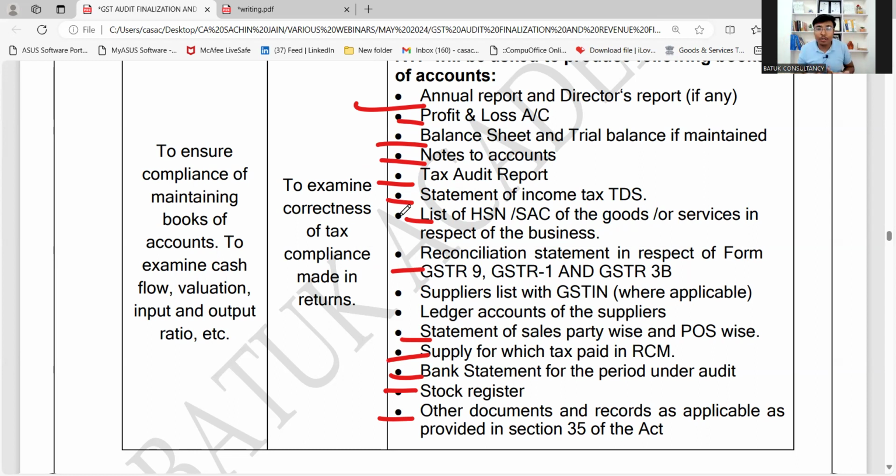Notes to accounts, we are going to check from any exceptional remark which is there by the statutory auditor or by the chartered accountant in the particular books of accounts. Tax audit report, we are going to check to identify the related party transactions. If possible, you may prepare a list of the usability as well.